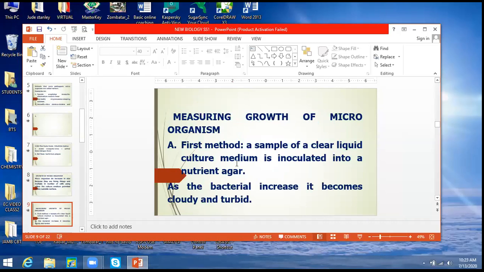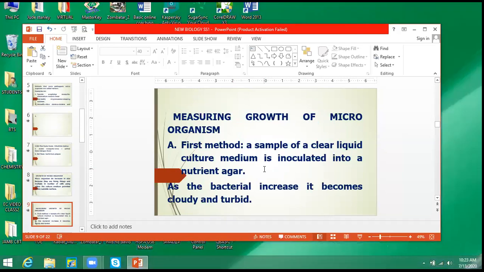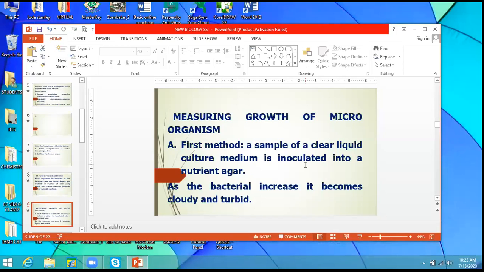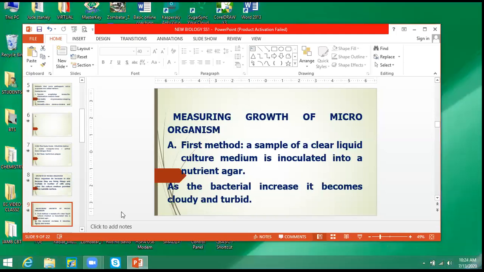Now, the first method: a sample of a clear liquid culture medium is inoculated into a nutrient agar. A sample of a clear liquid, it could be water, is inoculated, means is introduced, into a nutrient agar. Now, as the bacteria increase, it becomes cloudy and turbid.